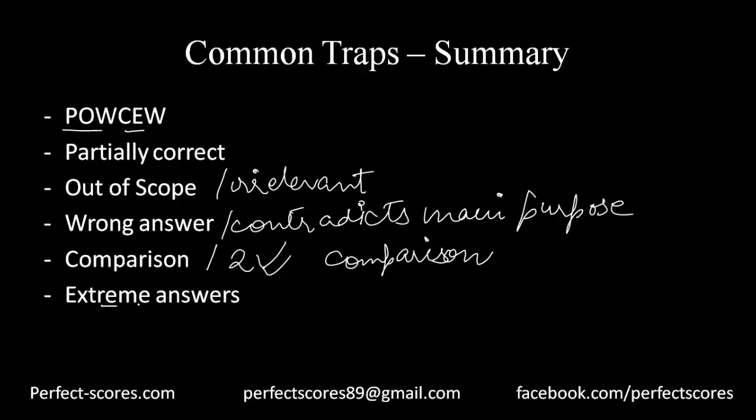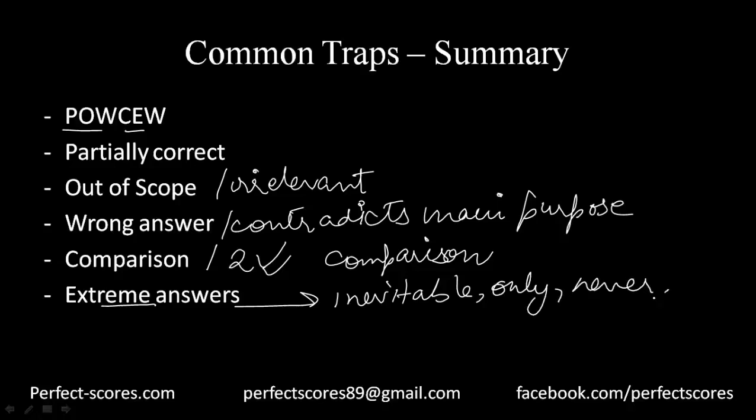Then E stands for extreme answers. Extreme answers that contain words like inevitable or words like only, never, everyone, always. So these are very, very strong words. Usually options with these words are wrong. And the last one, wrong location.